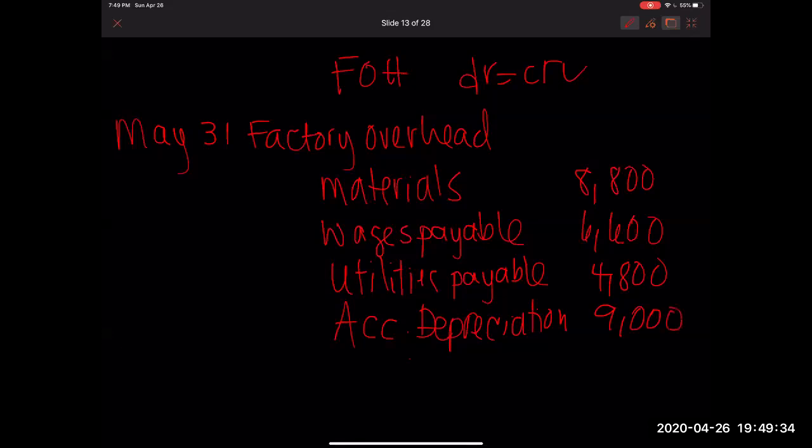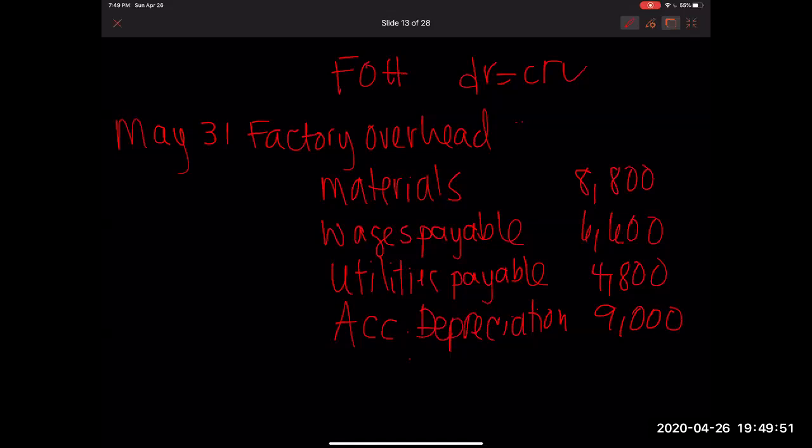Okay, so now we have all of these credits and we know our debits and credits must balance. Even though they didn't give us the amount for factory overhead here, we're going to figure it out. All of our credits have to equal our debit.